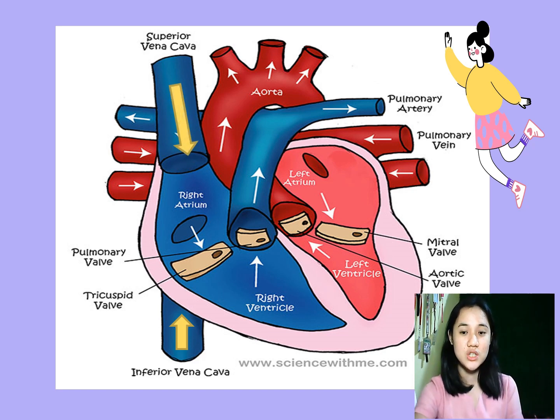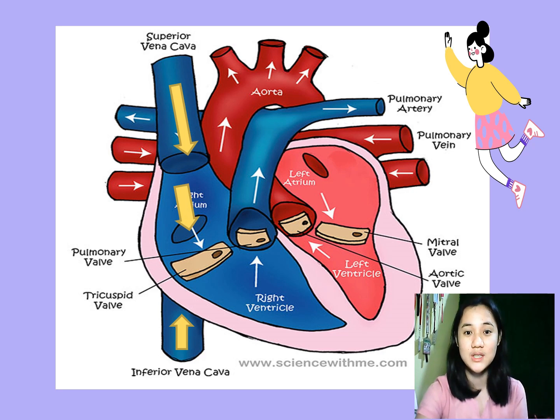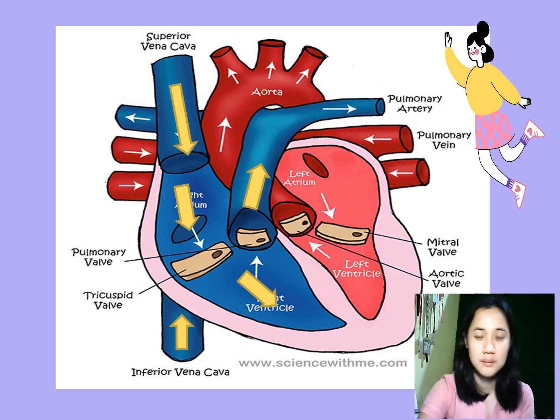When we say deoxygenated blood, it contains no oxygen. Blood siya, pero wala siyang laman na oxygen. So, may laman siyang carbon dioxide. While the left side of the heart, it contains blood with oxygen, also known as the oxygenated blood.